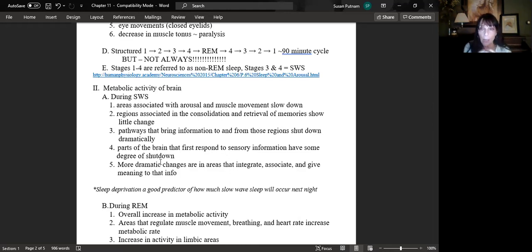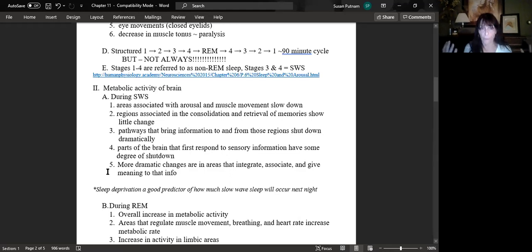And they're focusing on strengthening what has been occurring and getting those memories embedded and getting those pathways strengthened, but not the pathways that are bringing information to and out away from those regions. I hope that I'm differentiating that well enough for you.